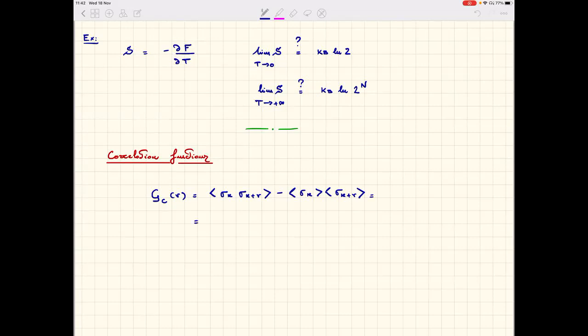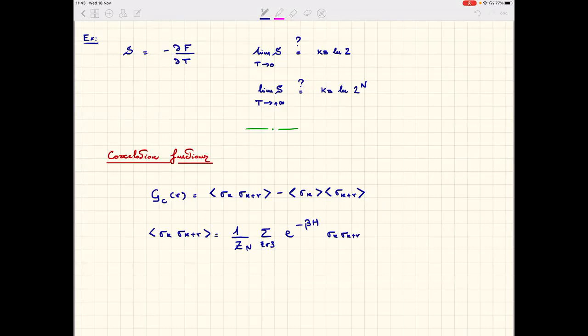And this is equal to, so let me write it like this. If you consider the average of sigma_(k+R), this is equal to 1 over Z_N, sum over sigma of e to the minus beta H times sigma_(k+R).